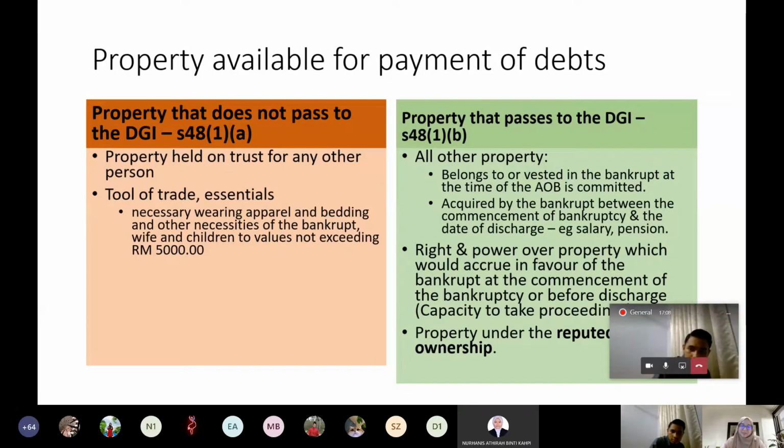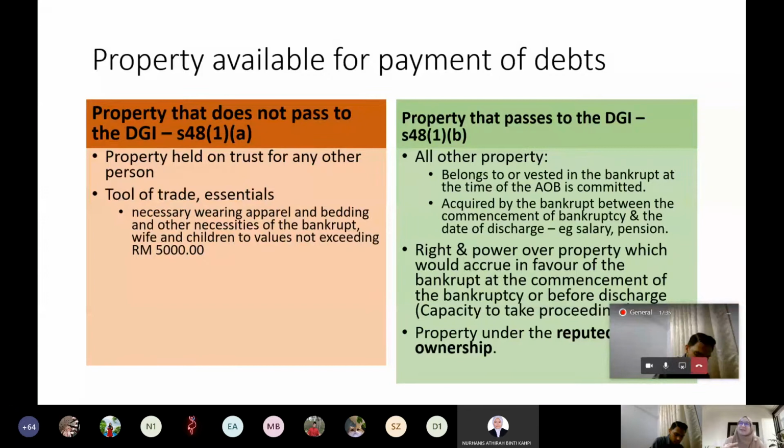So in that situation, for example, the debtor is A, and B is another person who owed money to A. In that situation, B is a debtor to A.